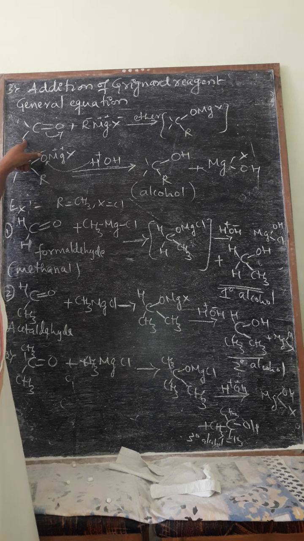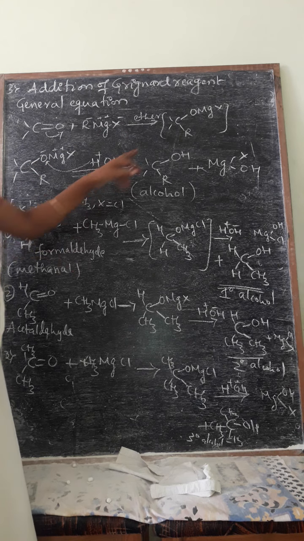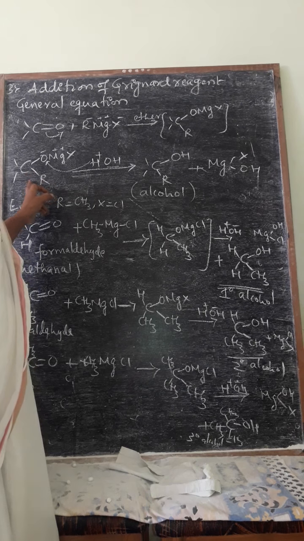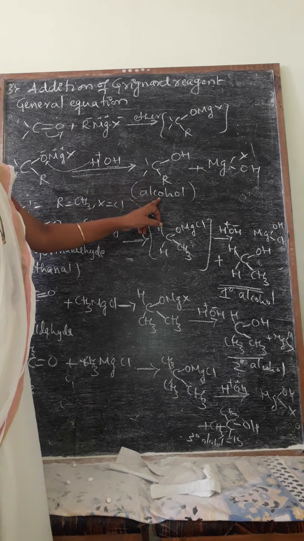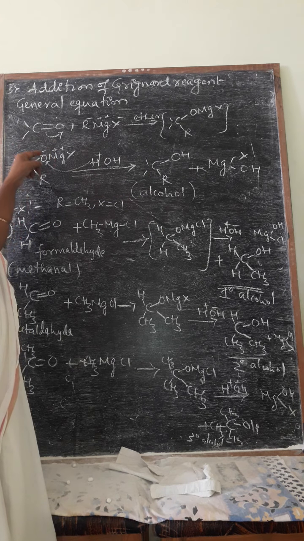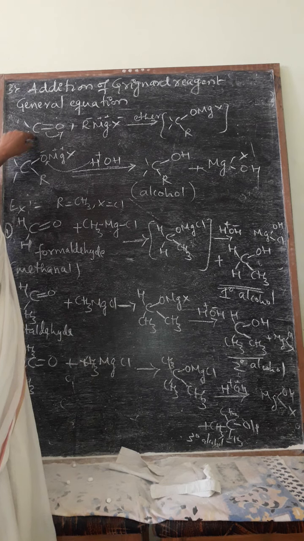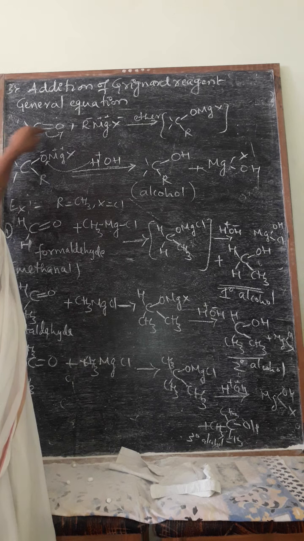First I will take the general equation: C double bond O plus RMgX. In the presence of ether, an intermediate forms, which on hydrolysis definitely gives the product, alcohols. How does the reaction take place? The pi bond to oxygen breaks, oxygen becomes minus and R donates its electrons to carbon.